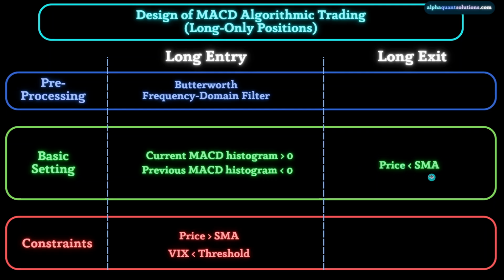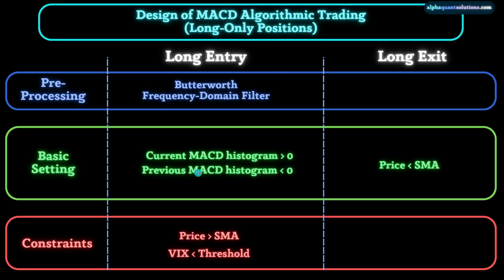So it's quite simple. For opening a trade, for the long entry, we will use a filtered version of the asset price, so using a causal frequency domain filter. And then, using that filtered price, we will derive the MACD histograms of that filtered price.